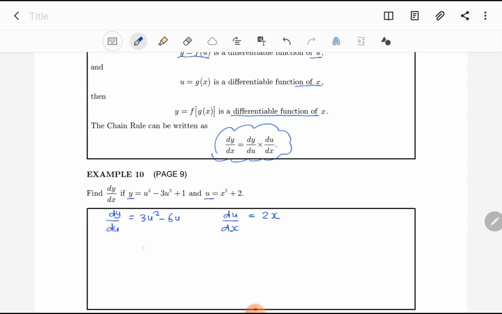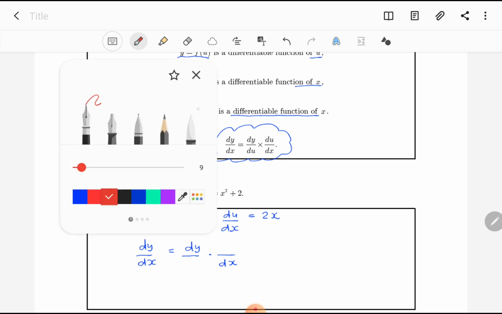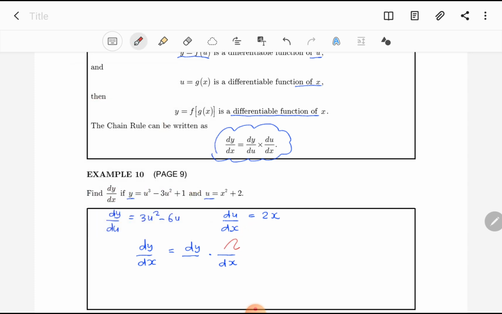We know that the chain rule is dy/dx equals dy over something and something over dx. For this case, we are using u, so here will be du and this is also du. Next, we substitute the functions.